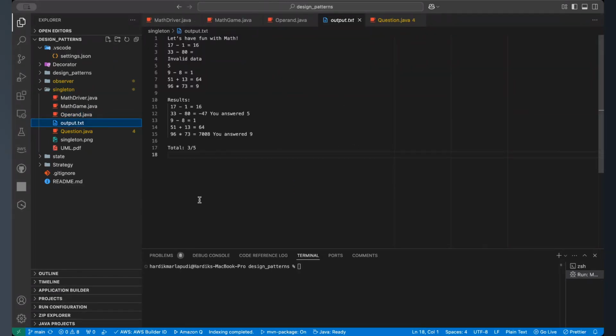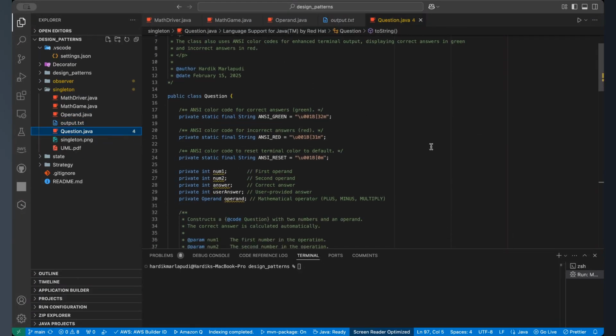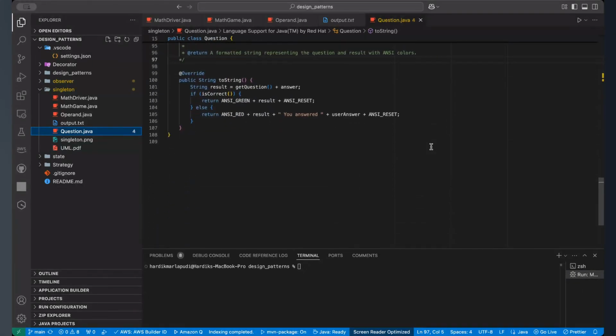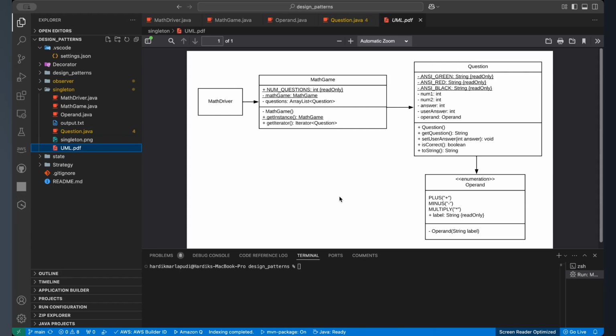Here's the output.txt file of what the output of the program is supposed to look like. The question.java class. And I added a screenshot of the Singleton design pattern of what the correct output would look like. And here we have our UML diagram.